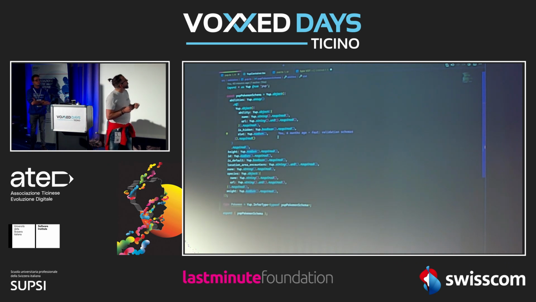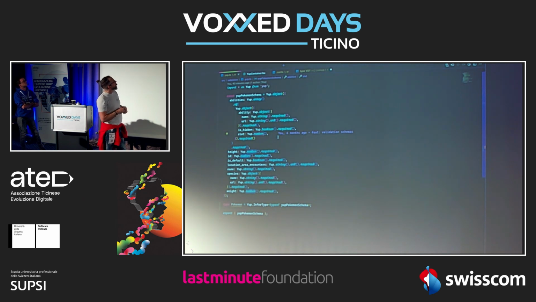We have also another example of string that is URL, and as you can see, we are applying some extra validation to make sure that it's not just a string, but it's also a URL. So basically, this library is going to apply some regular expression to make sure that this field is a URL, so that maybe later we can show it to the user and make it clickable or stuff like that.